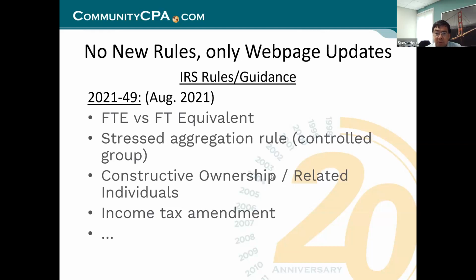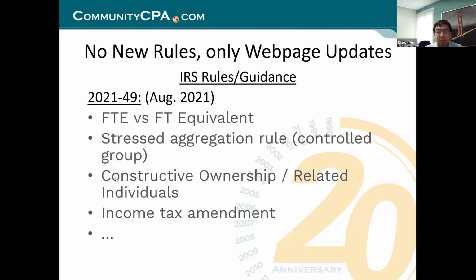Basically, constructive ownership roughly says that even though you do not actually own a company, just because, let's say, your younger brother owns a company 100%, you are considered a 100% owner of that company as well for ERC purposes. Okay, so that's the so-called constructive ownership.